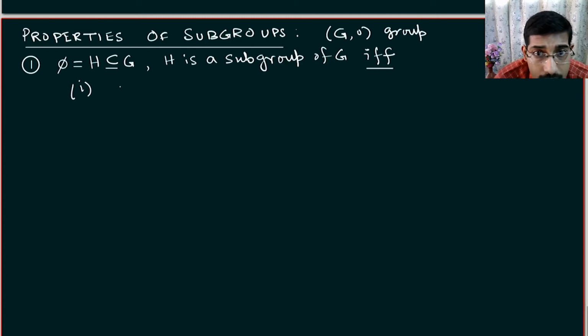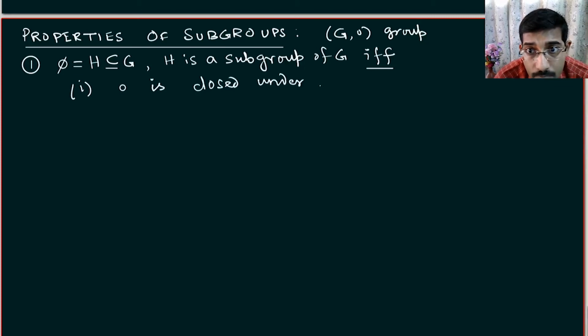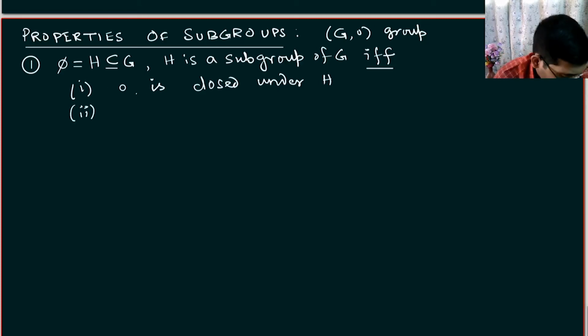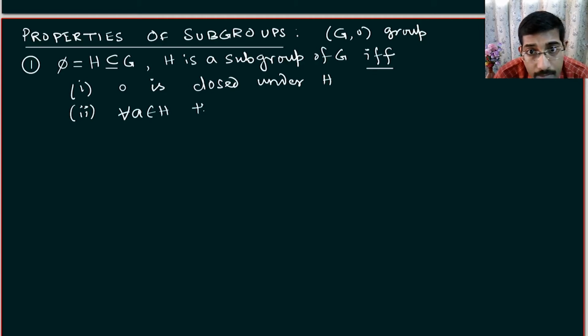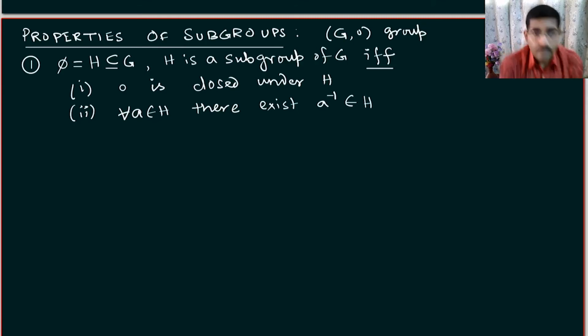One is that the operation ∘ is closed under H, and secondly, for all A in H, the inverse of A also belongs to H. Let us try to prove this property.